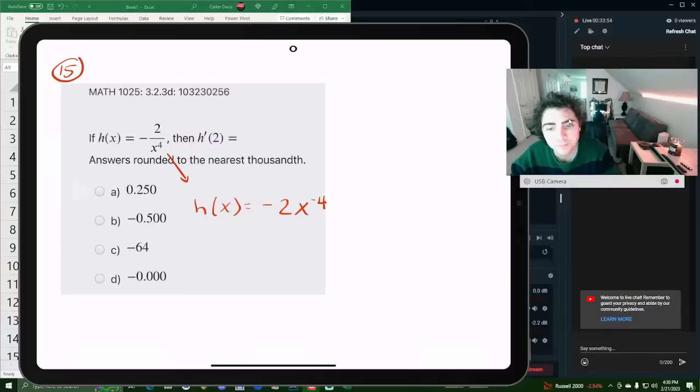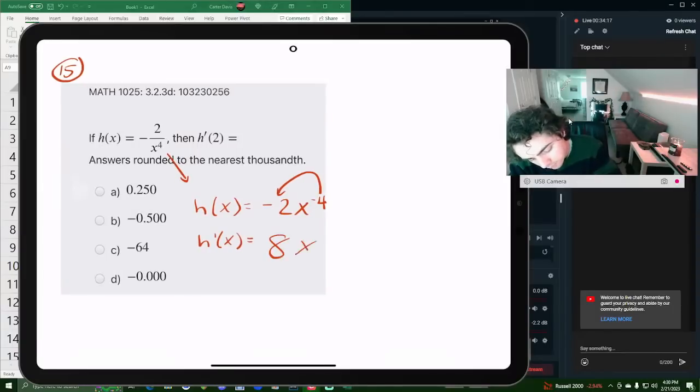So in rewriting this as basically an x to the a situation, we can now use the power rule to take its derivative. So what we do is bring out the negative 4, and now when there's a number in front of the x term, we're going to multiply the negative 2 by the negative 4 that we're bringing out in front.